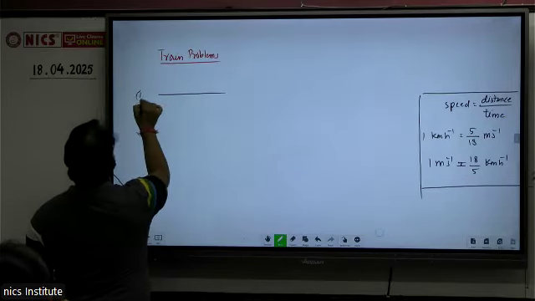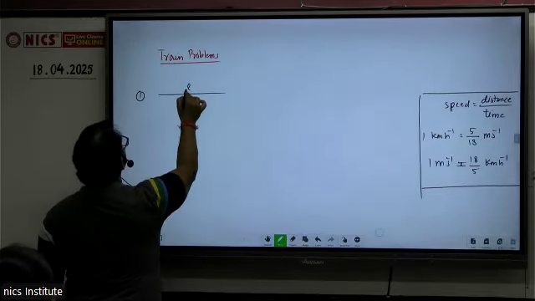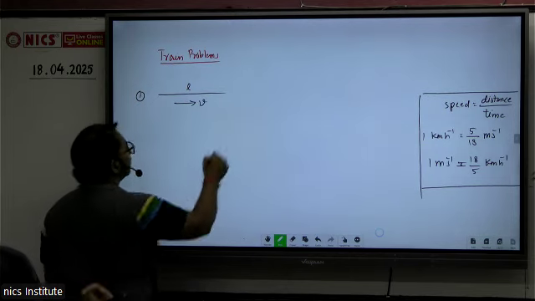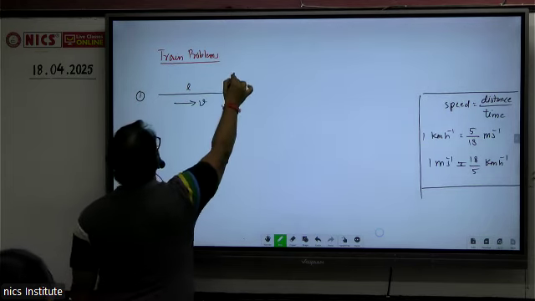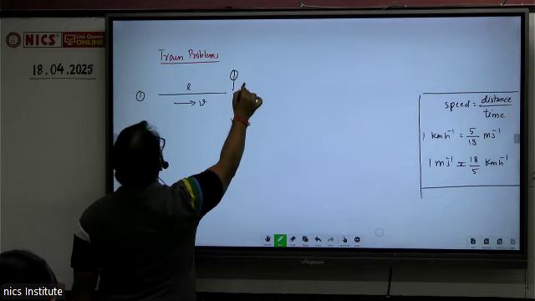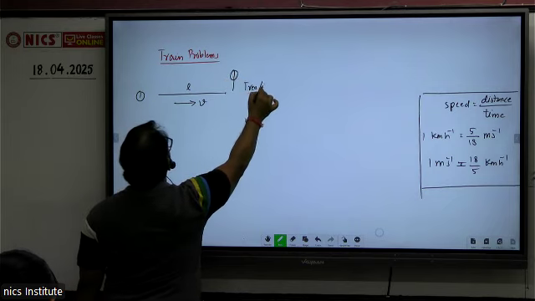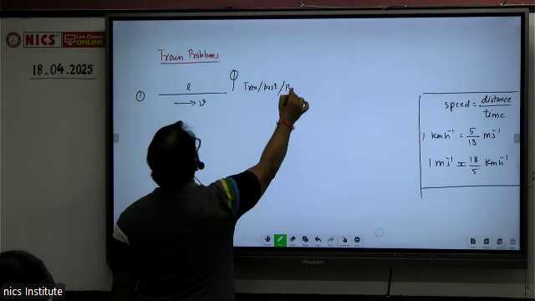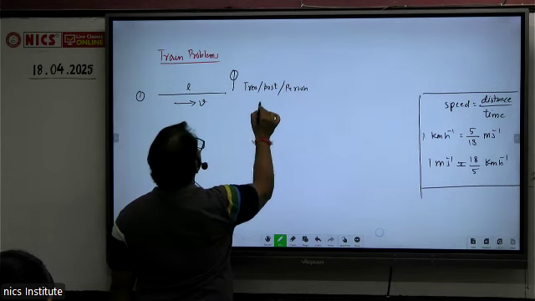Suppose there's a train of length L and this train is moving at the speed V and there's a tree or a post or a person standing.